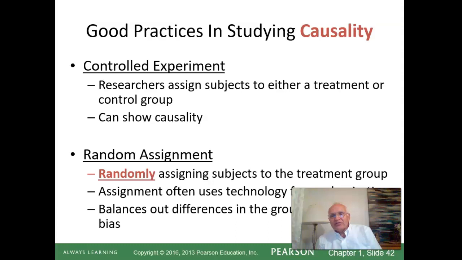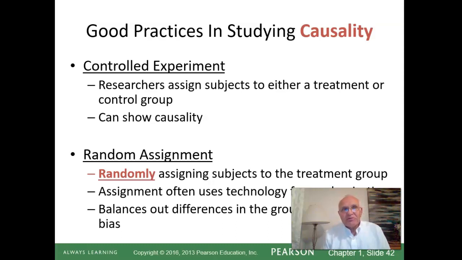So a good practice in trying to establish causality is, first of all, in a controlled experiment, we usually assign the subjects to the treatment or the control group randomly. And that's important, because we don't want to introduce any bias into the experiment, and this has actually happened. There have been many documented cases where there was bias in medical studies, for example, where the people that were really sick got one treatment and the people that weren't as sick got another, and then at the end they say, well, the treatment worked.